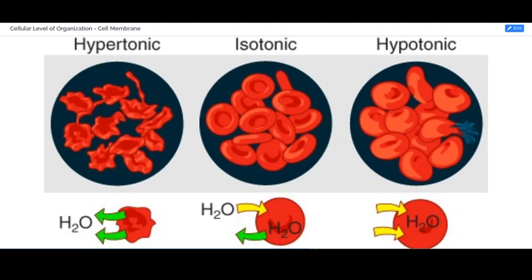If we put cells into a hypertonic solution, which might be something so extreme as red blood cells into seawater, for instance, then the intracellular fluid would be hypotonic compared to the extracellular fluid, which is the hypertonic represented in the label here.